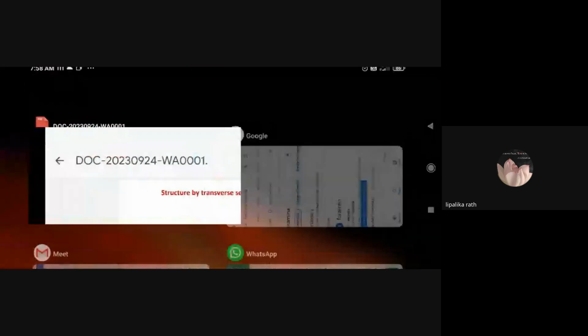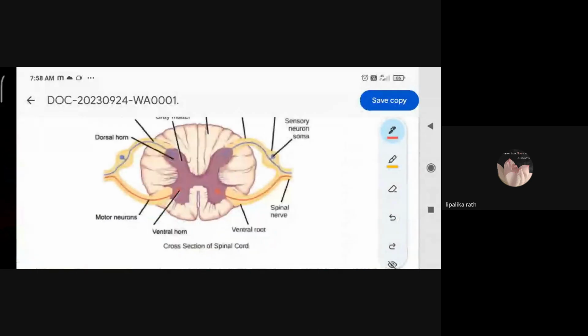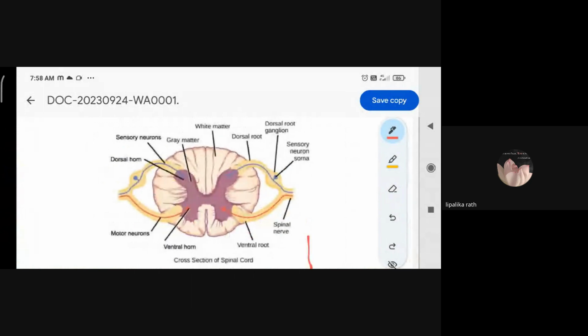What we have seen in case of brain is that gray matter is surrounding, means it is on the outer side of the brain, and the inner portion consists of white matter. But in case of spinal cord, it is opposite. The gray matter is residing inside and white matter is residing outside.